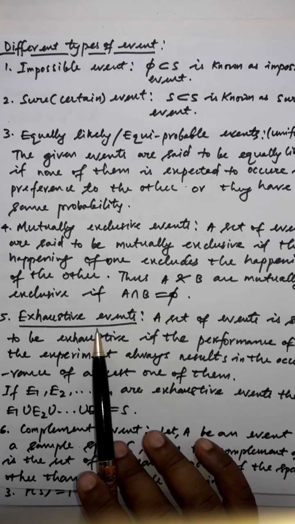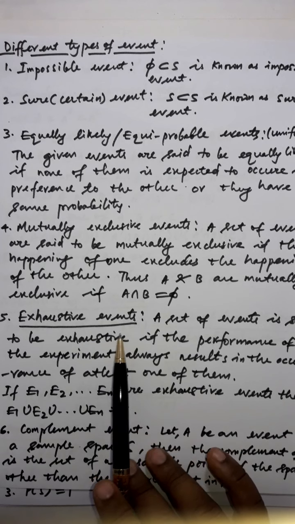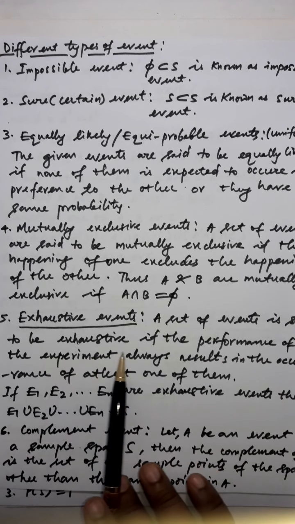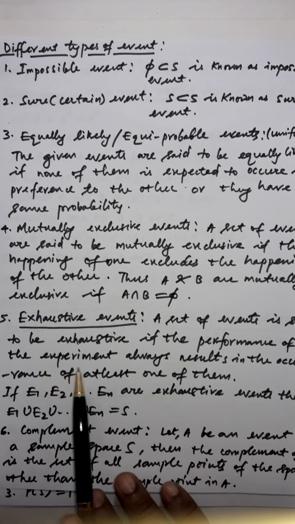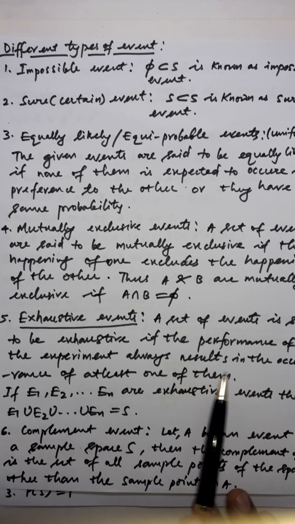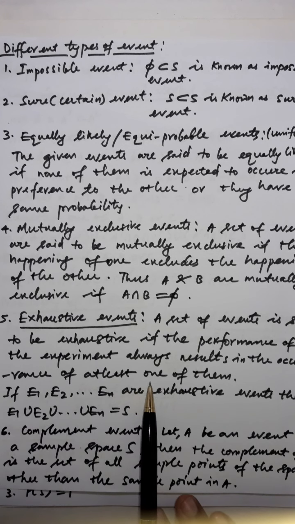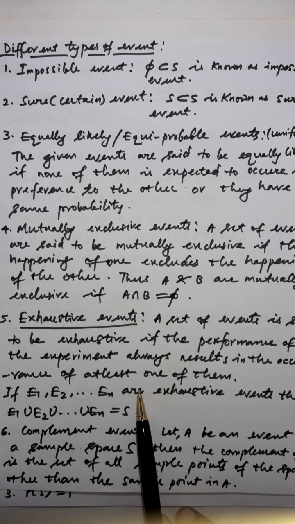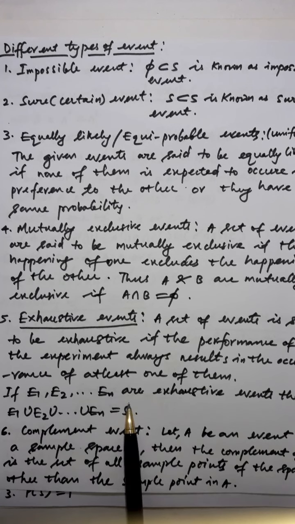Now, our next event is exhaustive events. A set of events is said to be exhaustive if the performance of the experiment always results in the occurrence of at least one of them. That means if we are performing the experiment, then at least one of the events of that sample space will occur.